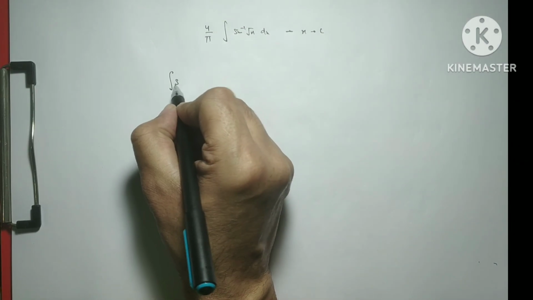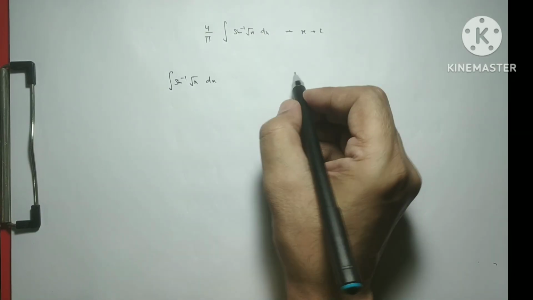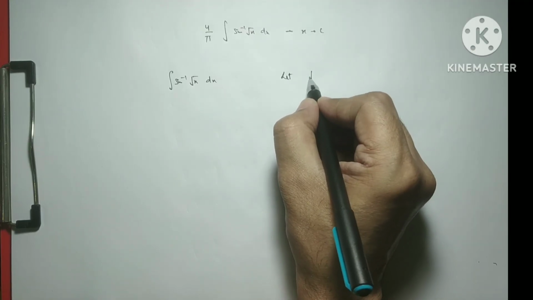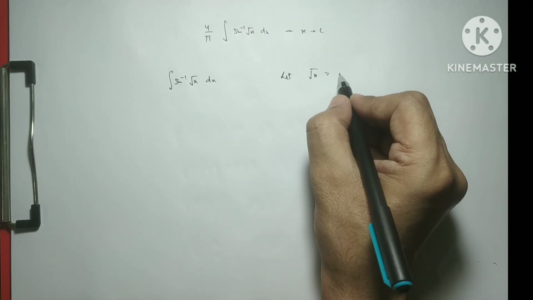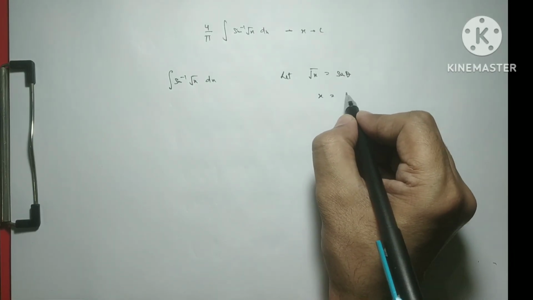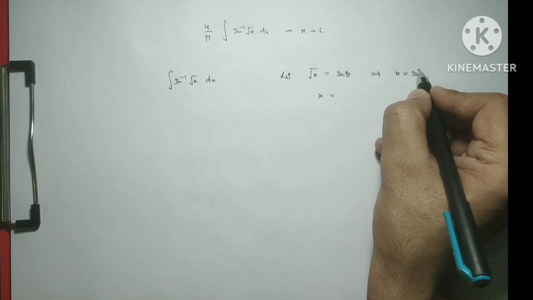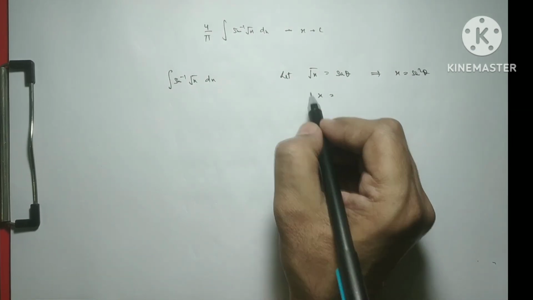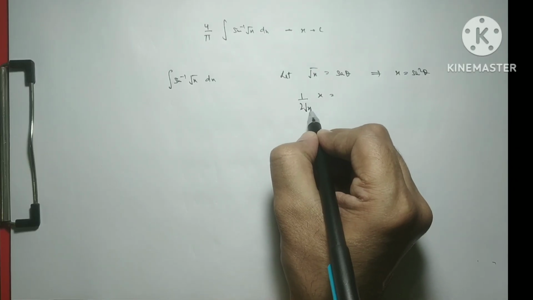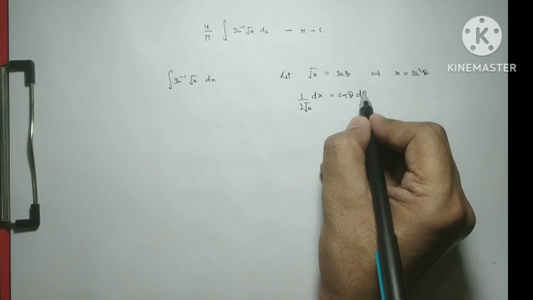So integration of sine inverse root x dx, we substitute, let root x equal sine theta, so x is sine square theta, and differentiation of this is 1 over 2 root x dx equals cos theta d theta.